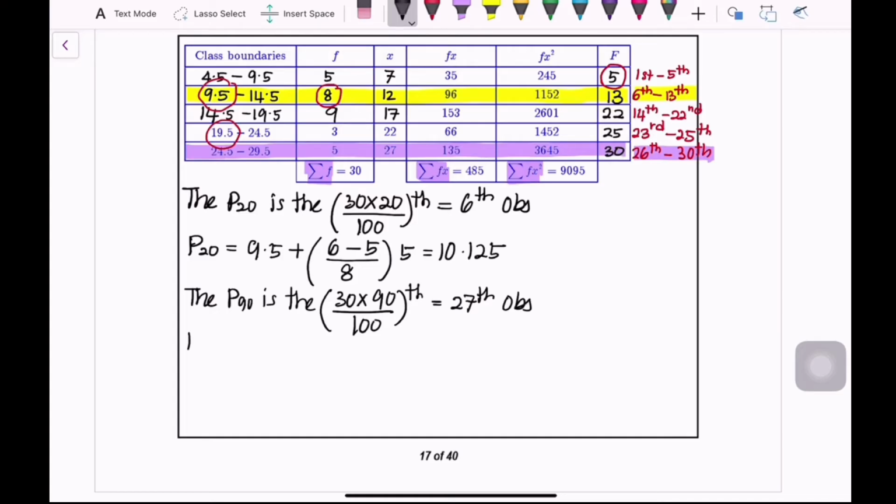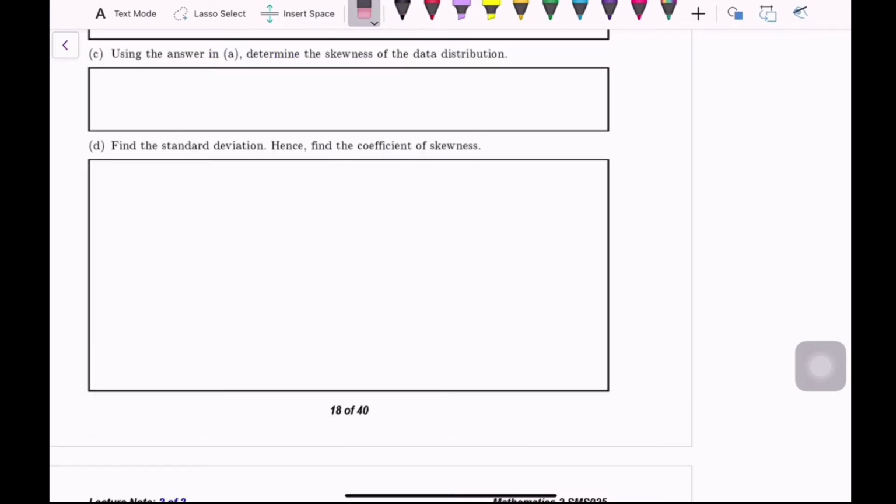The formula for P90 is equal to the lower boundary for the class of P90, which is 24.5, plus n times k over 100, which is equal to 27, minus the cumulative frequency before class P90, which is 25, over the frequency of class P90, which is 5, times C, which is equal to 5. So P90 is equal to 26.5.